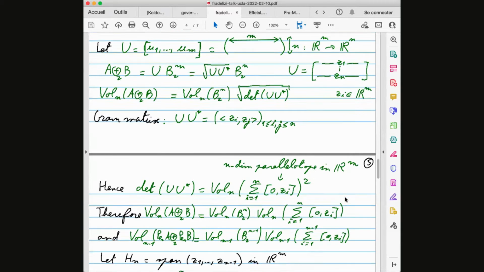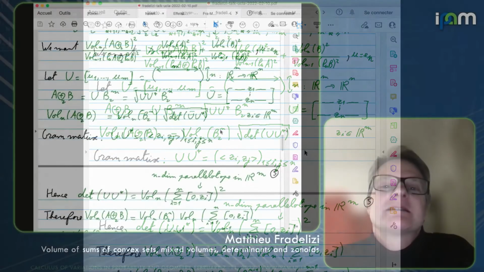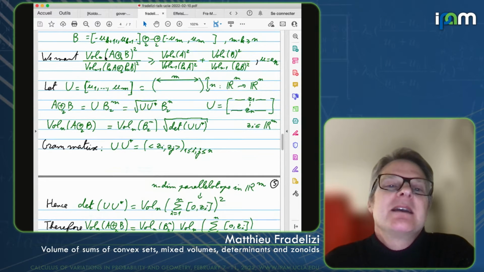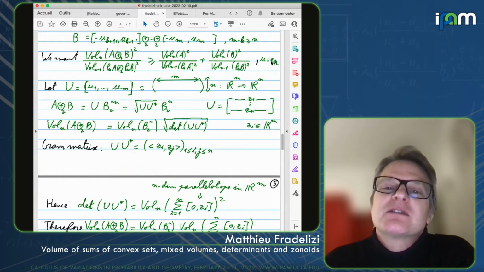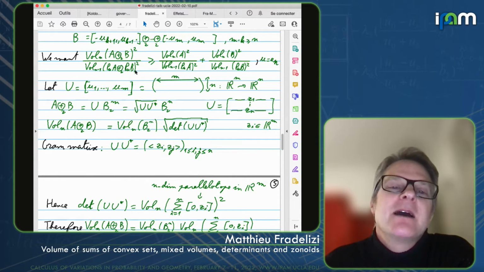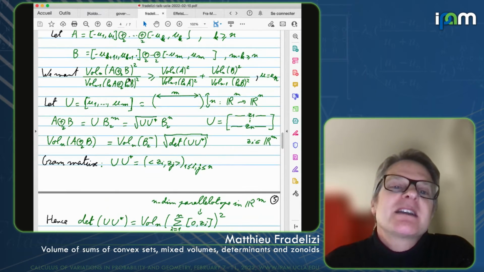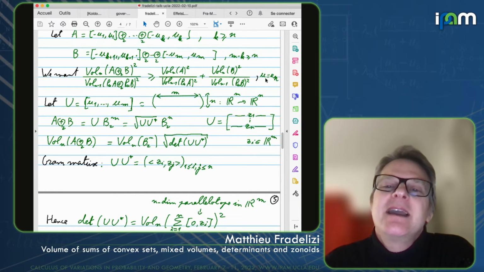Okay. So let's go back to the formula we want to prove. We want to prove it for any vector U, but of course everything is rotation invariant. And I can assume in this formula that I take U equals En, the last vector of the canonical basis. Because I'm looking at U equals En, when I'm looking at PUA and PUB, I'm just projecting onto En perpendicular.